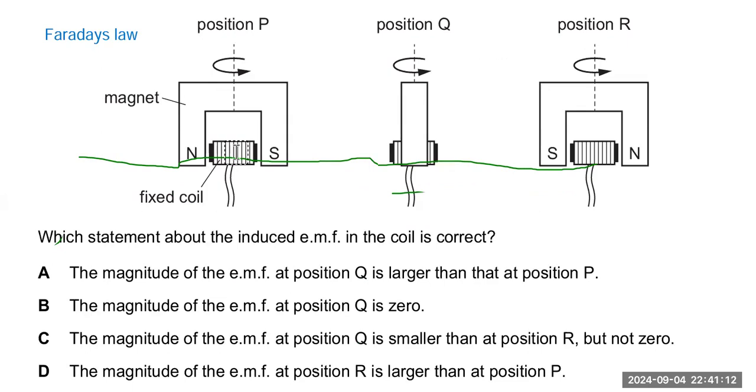According to Faraday's law, induced EMF will be produced only when there is change in magnetic field lines. The change is produced when the magnet rotates and moves towards the Q position. That is why in this position, EMF will be larger as compared to P.